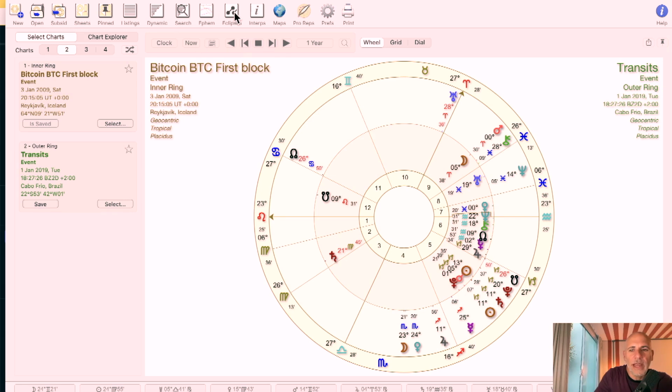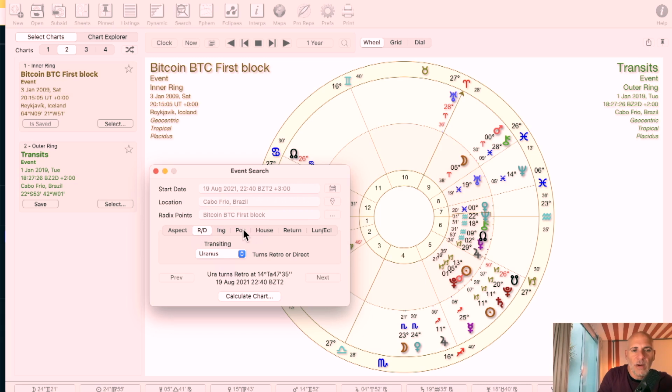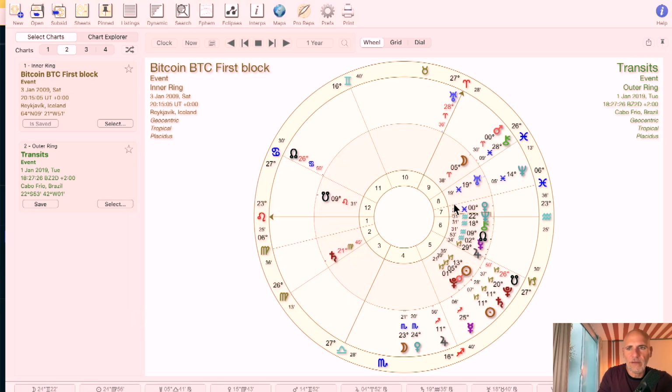Now, another way that we can look at the thing, we can just go to search a position when Jupiter was in 5 degrees of Sagittarius: Jupiter in 5 degrees in January 1st, 2019, doing a trine aspect with the moon.